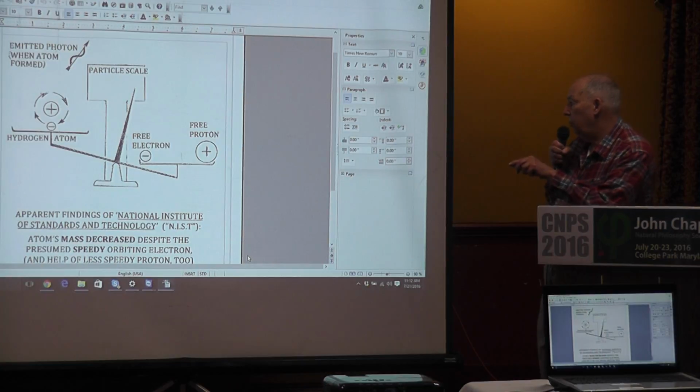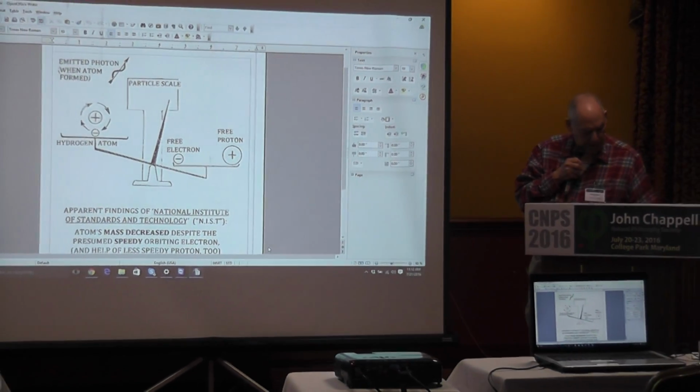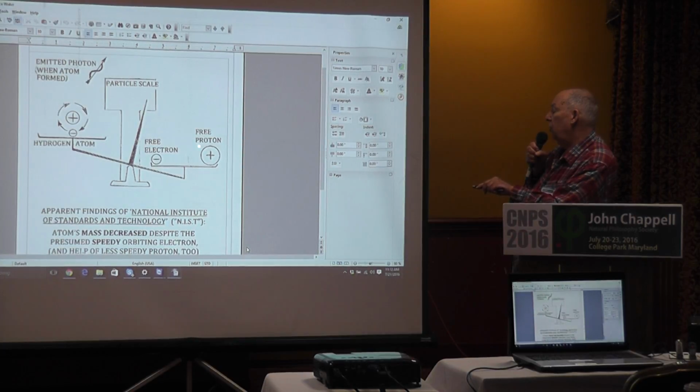So, in other words, I would be comparing the mass of the nucleus of 2 protons and 2 neutrons orbited by 2 electrons with regard to helium, 4 nucleons seated over here, 2 protons and 2 neutrons, and 2 electrons sitting here.